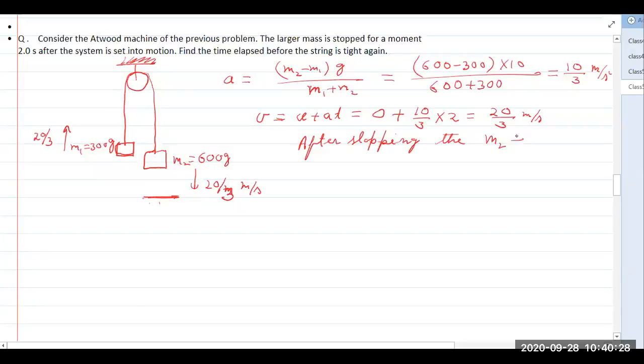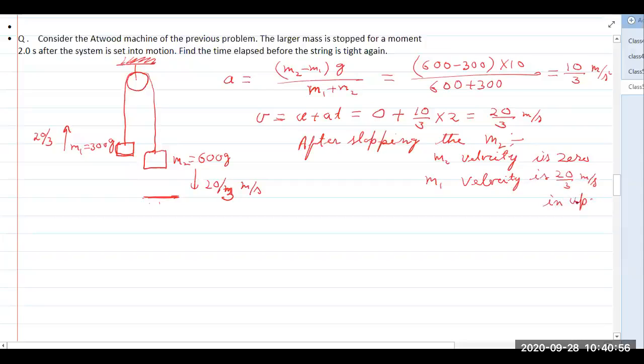The M2 velocity becomes 0, and M1 velocity is still 20 by 3 meter per second in the upward direction.